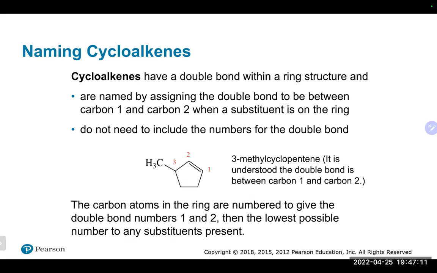Now, when you have a ring like this, it would be cyclopentane, but it has the double bond, so it would be cyclopentene. We do need a number where this guy is located, because unlike in a cycloalkane, it has a double bond, which is the priority.